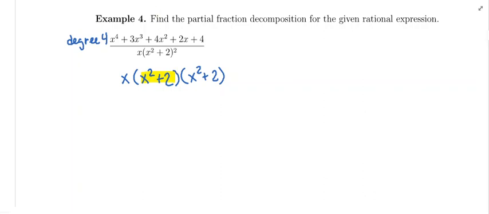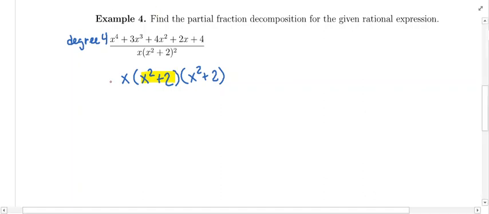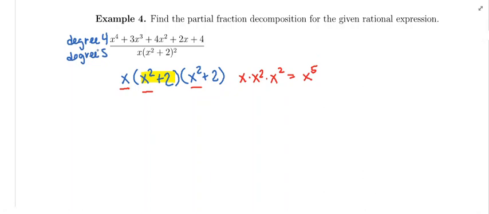If you were to multiply this out, you can just multiply out the x pieces to figure out the degree. This would be x times x squared times x squared. If you add the exponents here, this tells you that we're dealing with a degree 5 polynomial in the bottom. So since the degree of the numerator is less than the degree of the denominator, this is going to be just one of the cases. It'll be case 1, case 2, case 3, or case 4. So we need to figure out which case we're dealing with.